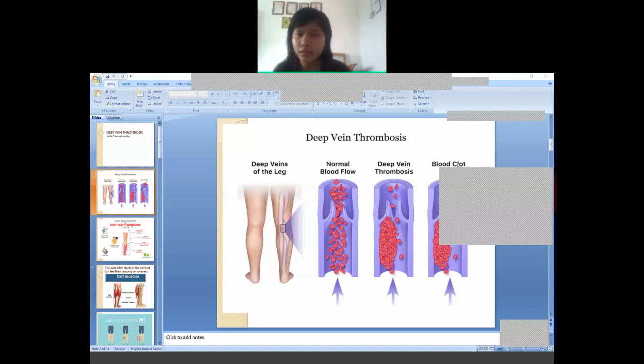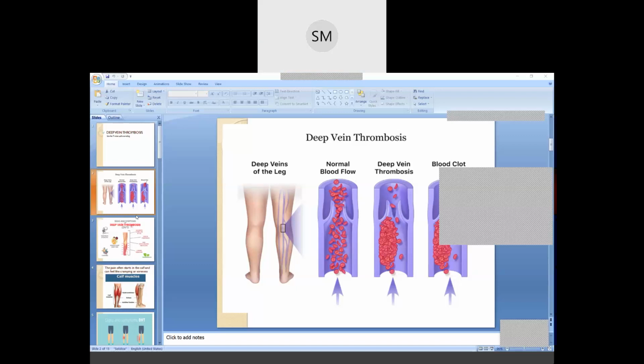Next, Sinkamchi. Can you tell me anything else? Sheetal said about the symptoms of pulmonary embolism, that is coughing up blood and rapid heartbeat.